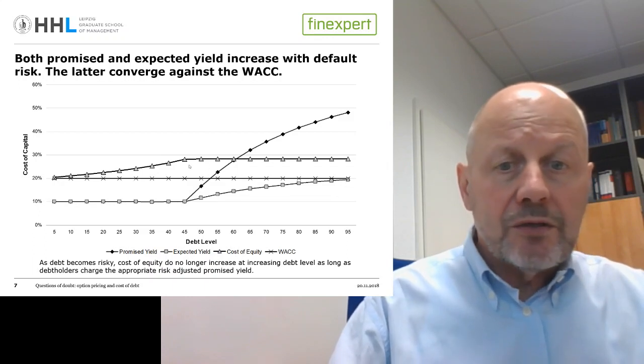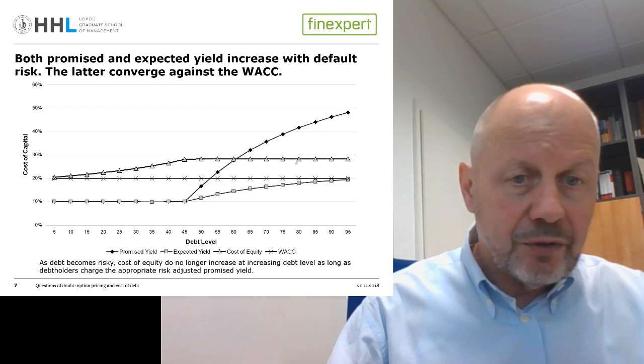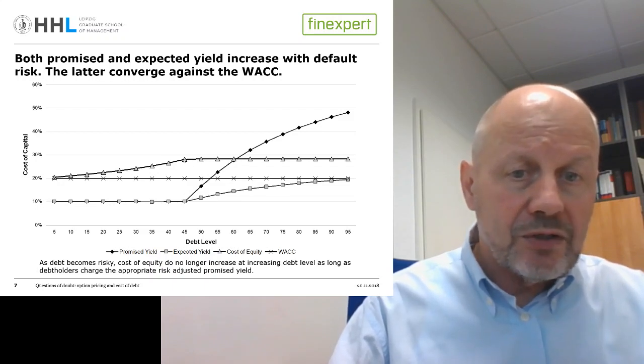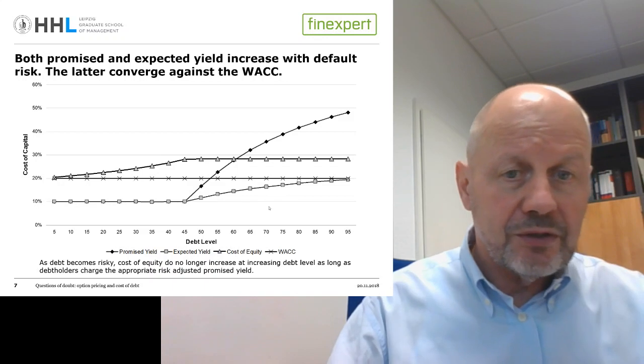Also remarkable is the further development of the cost of equity, because you see that after the debt gets risky, our cost of equity no longer increases with any further increase in debt.